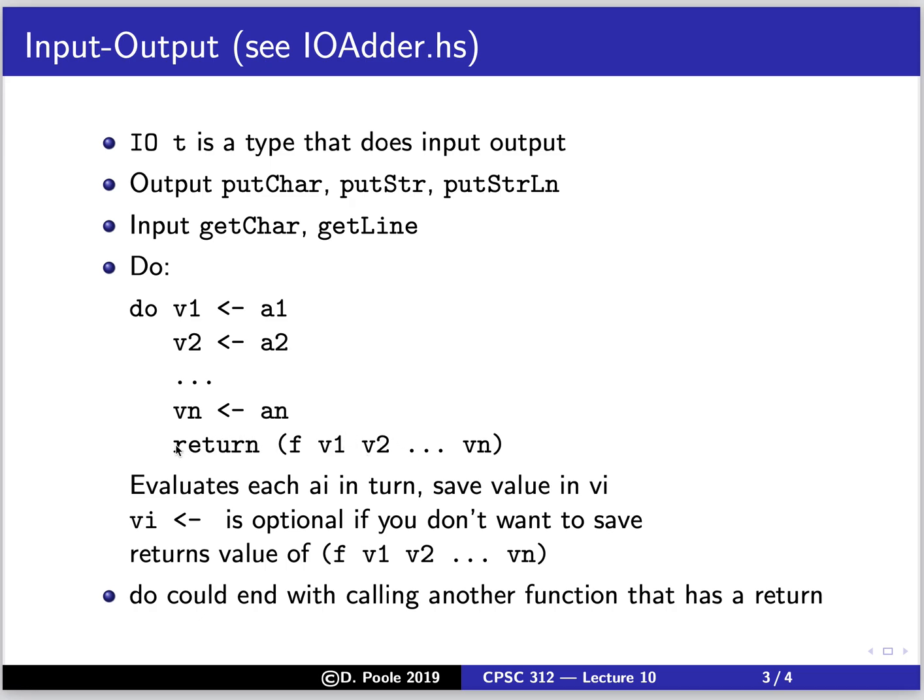So we don't have to have return at the end. If you call another function here, it will just evaluate to the value of that function. If you look at ioadder.hs, you'll see lots of examples of this.